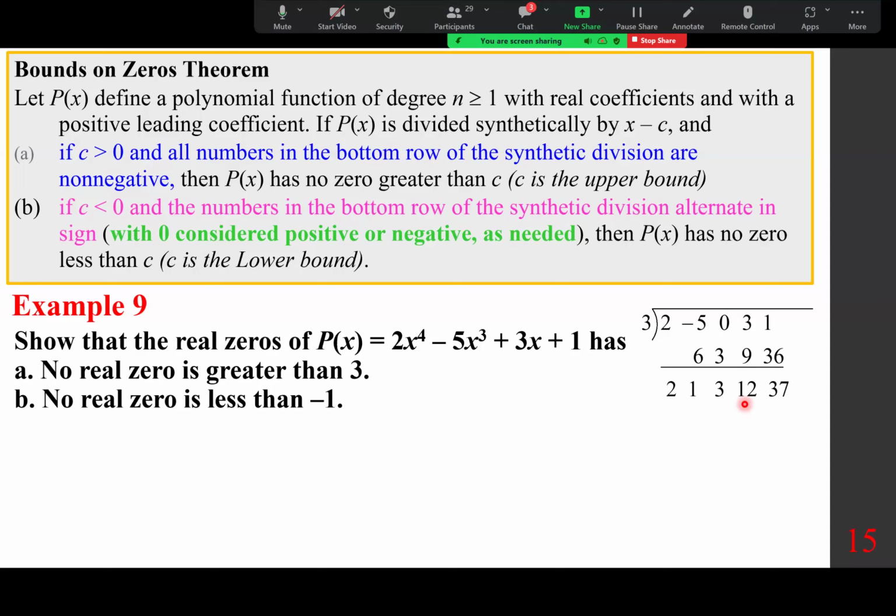That means no real 0 greater than 3. Now, one might say, okay, what is the advantage of that? When you do the rational zero theorem and you have many, many numbers to check, and it happened to be known that 3 is the upper bound, any number larger than 3, you don't have to check.